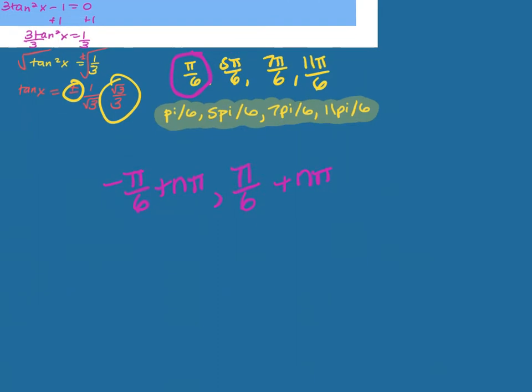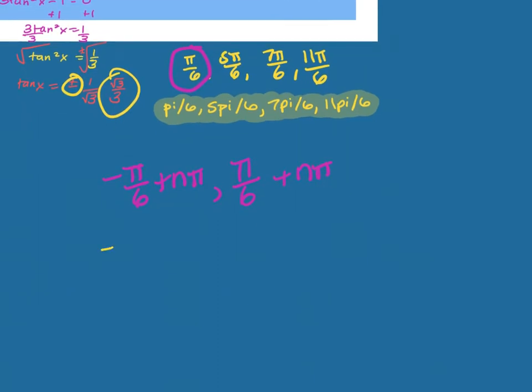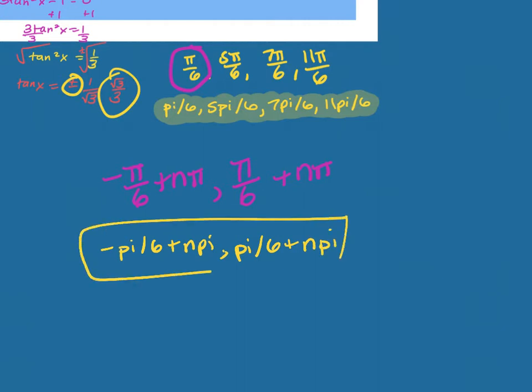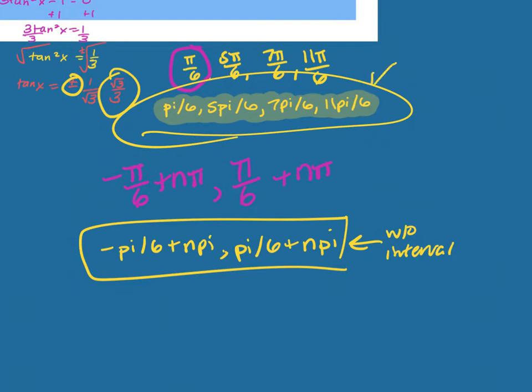So if this is typed in, it's negative pi slash 6 plus n pi, comma, pi over 6 plus n pi. So without interval this, with interval this.